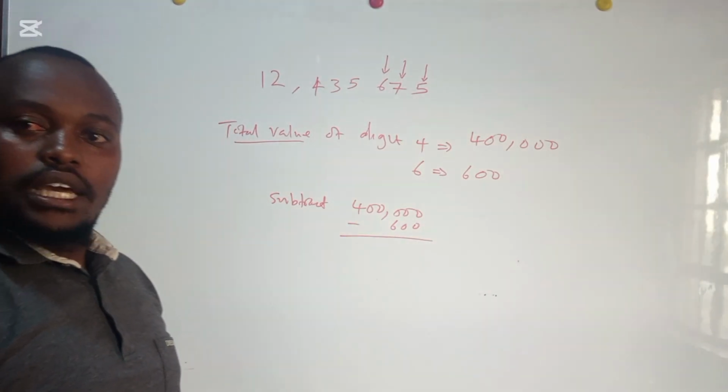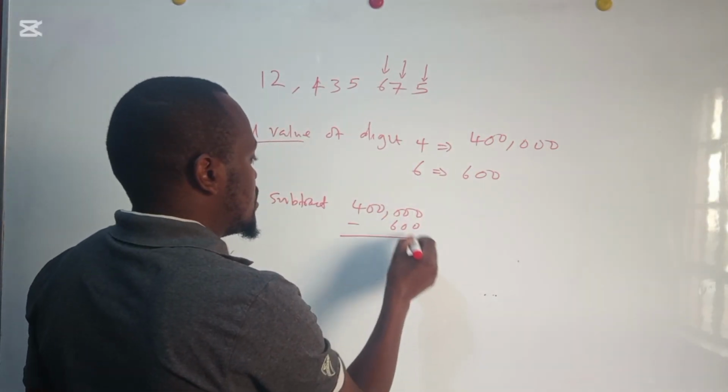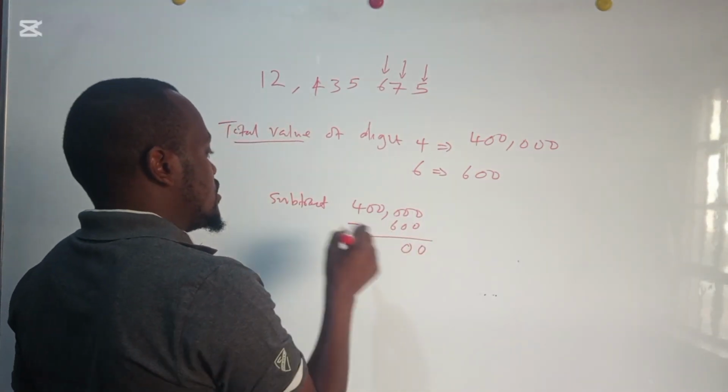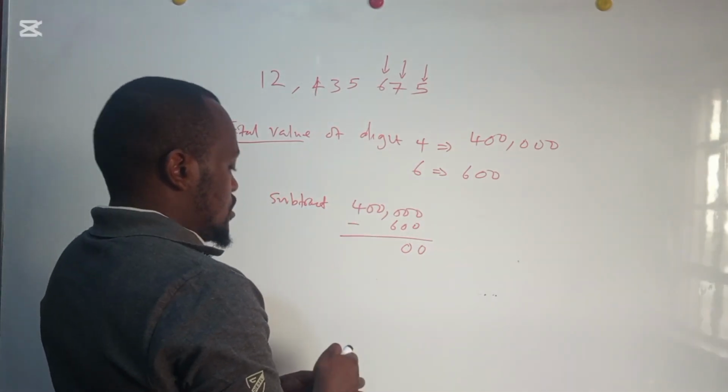Yes, so what did you get? Confirm whether you got this. 0 minus 0 is 0, 0 minus 0 is 0, 0 minus 6 impossible, so you borrow 1 here.